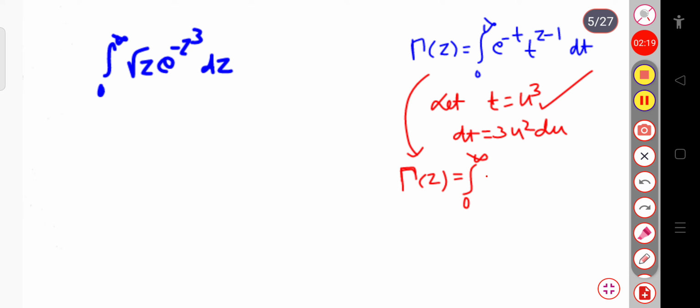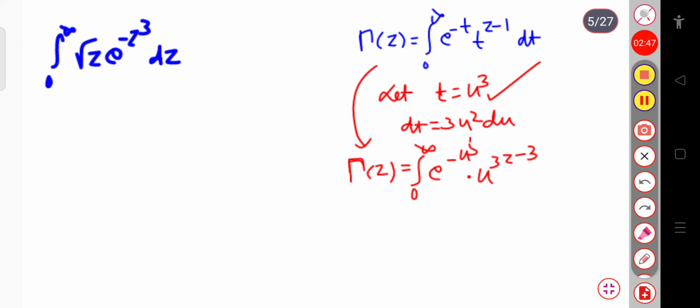And again exponential minus u cube into t power z minus 1, which means u cube to the power z minus 1, so I can write 3z minus 3 because 3 is multiplied throughout z minus 1. Now in place of dt, I will write 3u square into du.